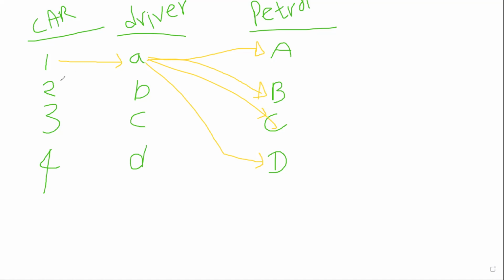Then I can use the first car with driver B and with these 4 fuel types. Then I will have 4 different answers, or 4 observations with respect to 4 different applications.